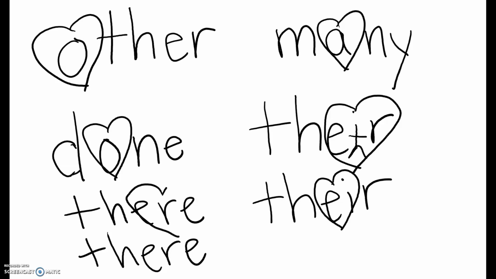The second there means over there, because the R is pointing at over there, and you can heart the E-R-E or just heart the E, since that's the sound that is changing. So you don't need to write both versions of these there.